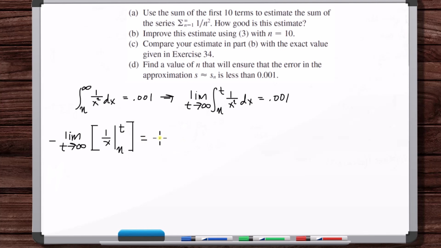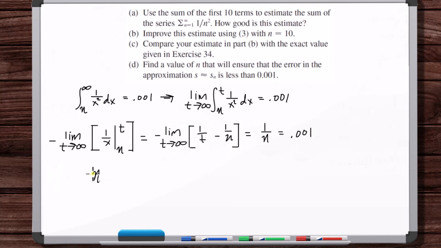Okay, let's just keep going here. So we've got minus the limit as t approaches infinity of 1 over t minus 1 over n. This is equal to minus minus 1 over n, so 1 over n, which is equal to 0.001.